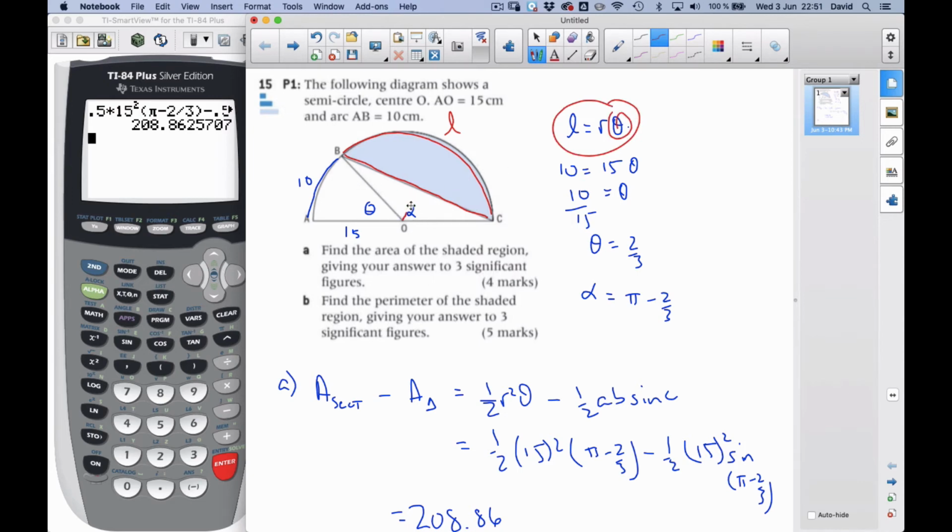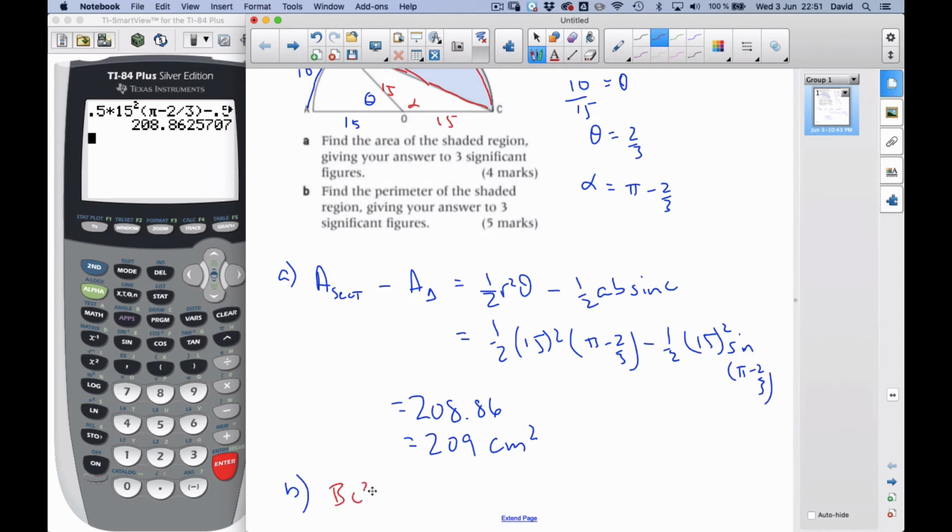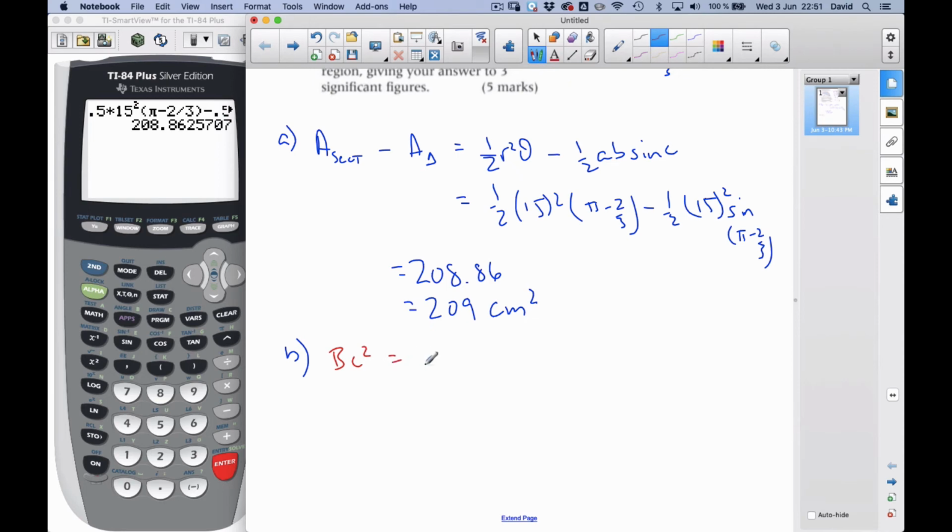But finding this length BC, I know that I could do several things. I know this is 15, I know this is alpha. I can do the cosine law to find BC. And so BC squared will be 15 squared plus 15 squared minus 2 times 15 times 15 cosine, and again I have pi minus 2/3.